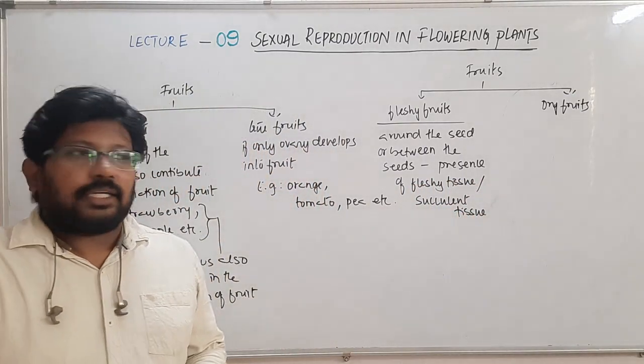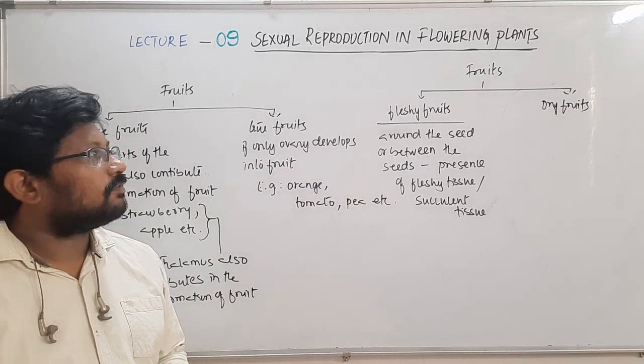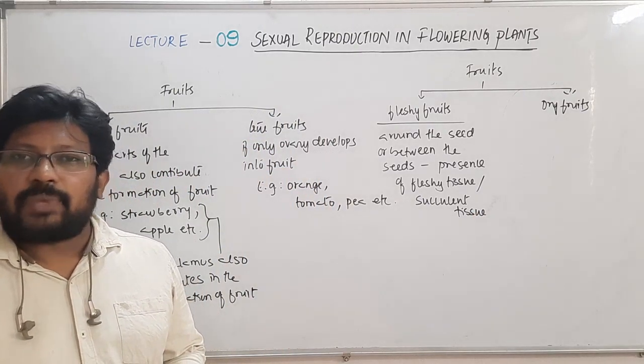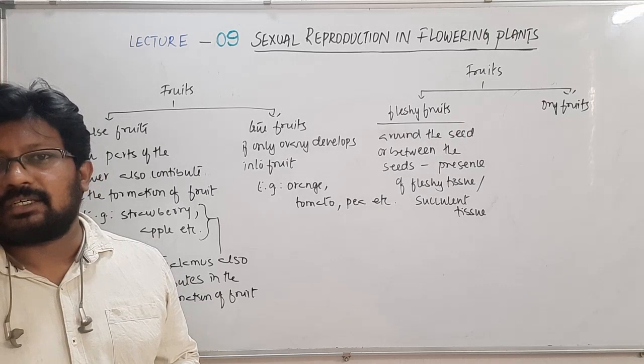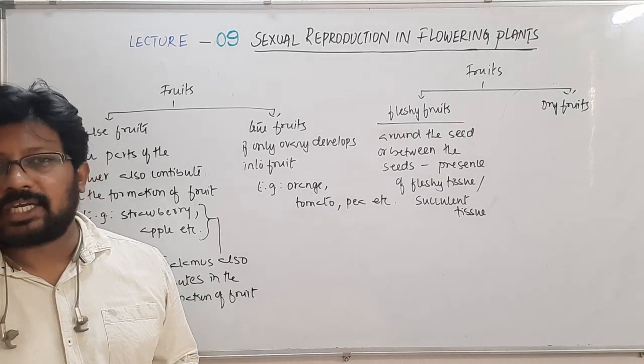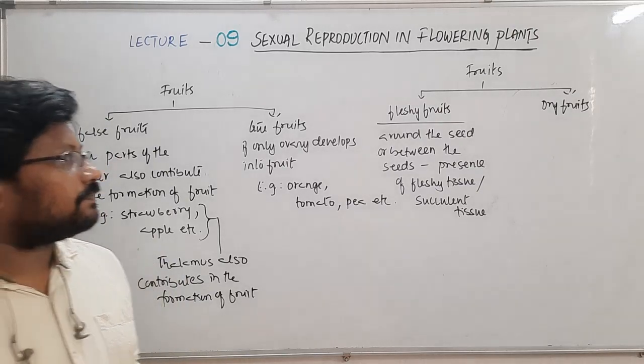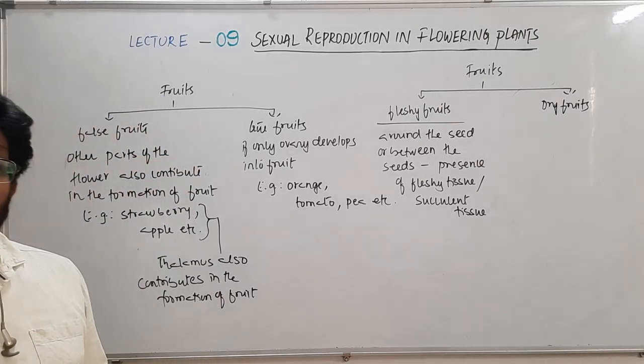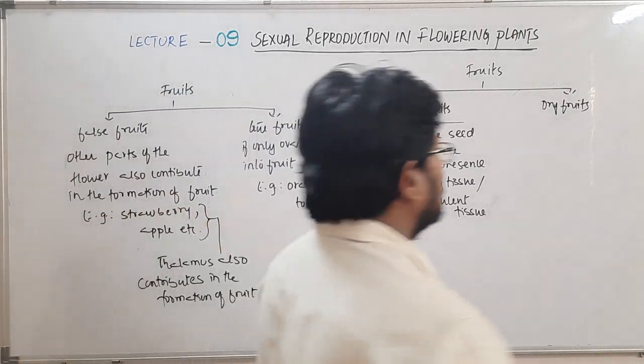or what I call a succulent tissue, which means it will be having water. Like we see in the case of mangoes, we see the pulp. So it contains water, so I can say that it is a fleshy tissue or a succulent tissue, right? If that is present, then we call those fruits fleshy fruits.